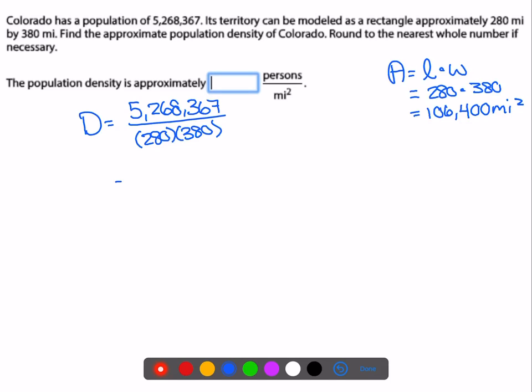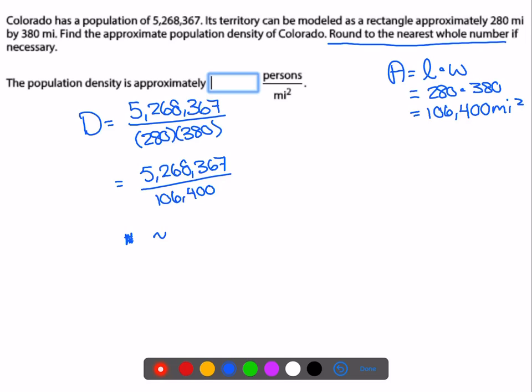From here, we can just divide these two numbers. 5,268,367 divided by 106,400, and that will give us our population density, and again, we're rounding to the nearest whole number. Let's go ahead and do this math. 5,268,367 divided by 106,400 will give us 49.5, and if I'm rounding to the nearest whole number, that means that I'll round up.